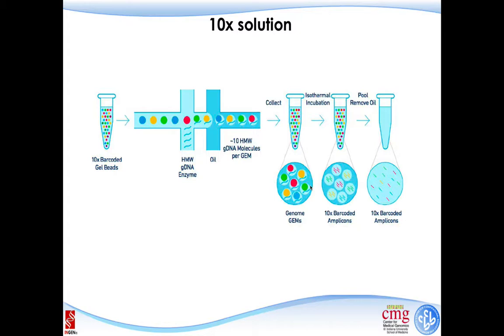And here is something called high molecular weight genomic DNA and the enzyme. This DNA is not a short 500 base DNA sequence. Rather, it's over 100,000 bases. Those are big DNA sequences, so that's why it's called high molecular weight.